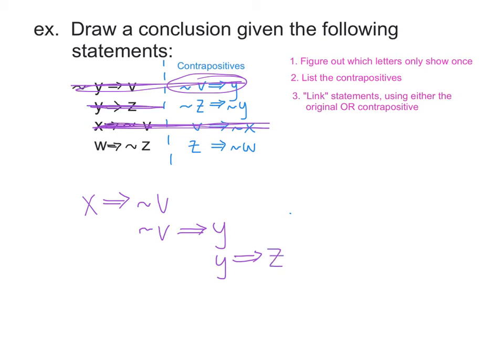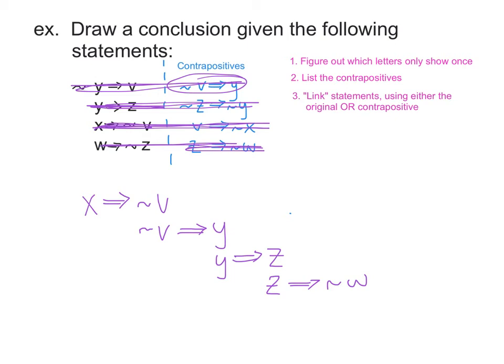Remember, when I use the left side, I cross off the right side as well. And now I need a statement that starts with Z. So Z implies, and I have it here on the right side, Z implies not W. I've used it. Quick check, make sure you have 1, 2, 3, 4 lines. And we are just about done.